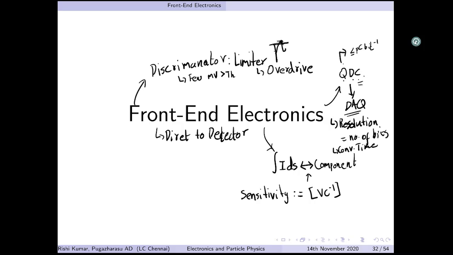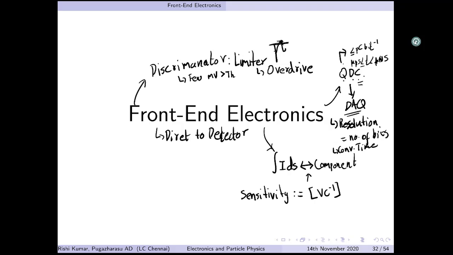And the conversion time can range from nanoseconds to microseconds. I'm sorry, so it will be nanoseconds here, and microseconds here. Or the other way, sorry.